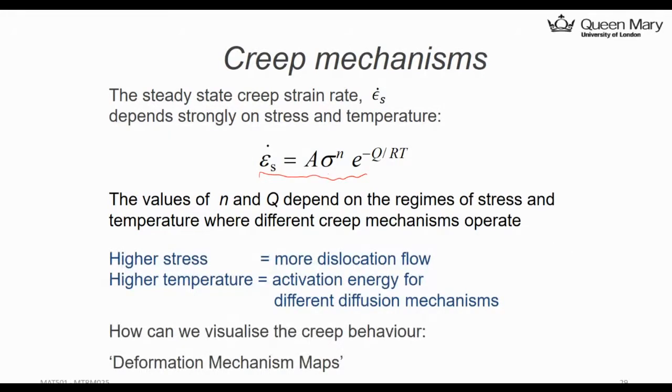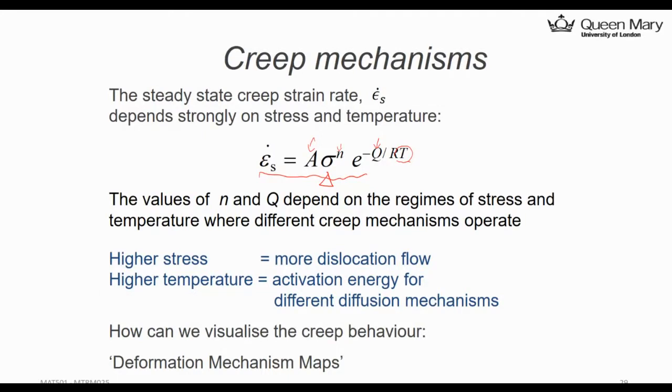It depends on high stress and high temperature, these two. The activation energy is basically a constant for a certain material. A is a constant for a certain material. N is a constant as well. The best way to explain the creep behavior is to visualize it.